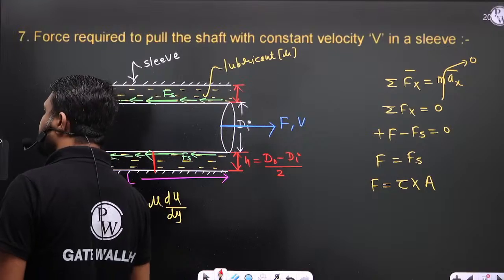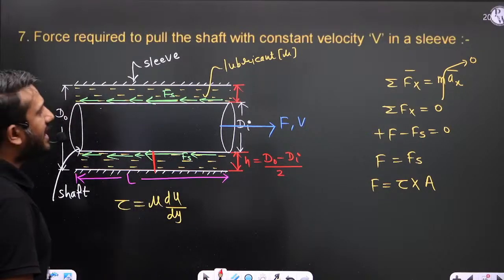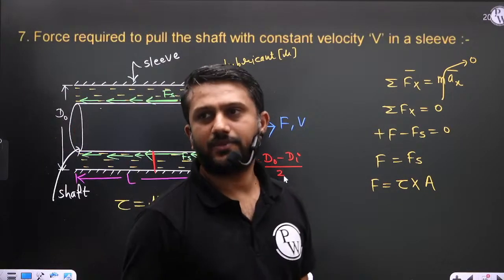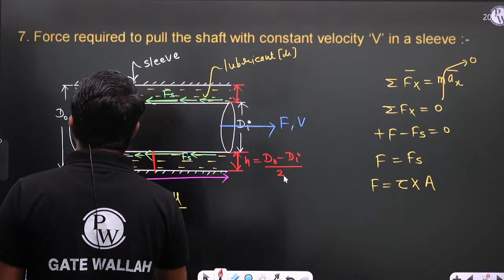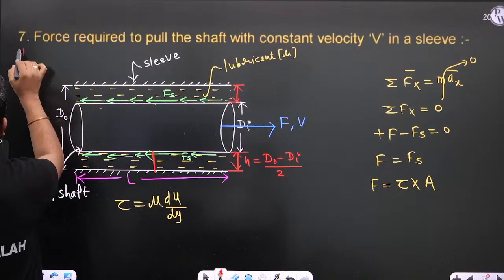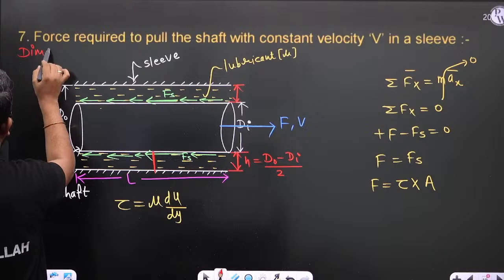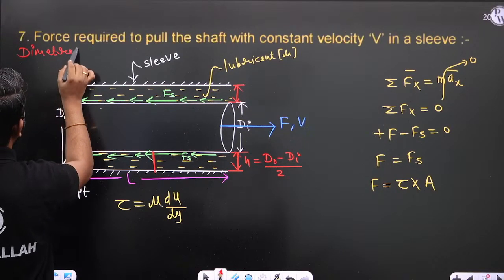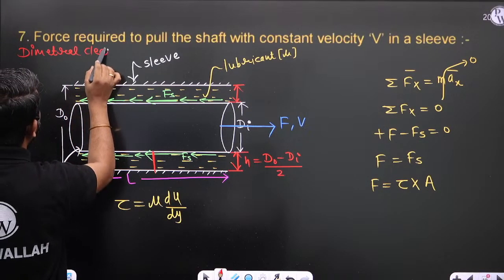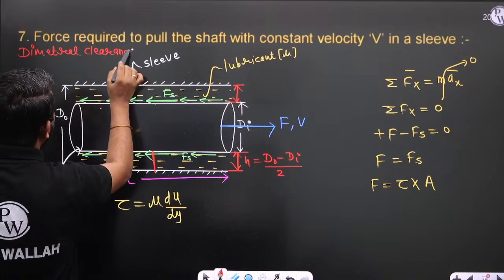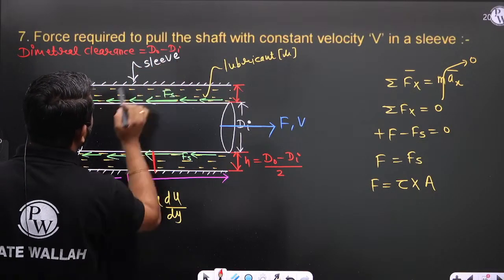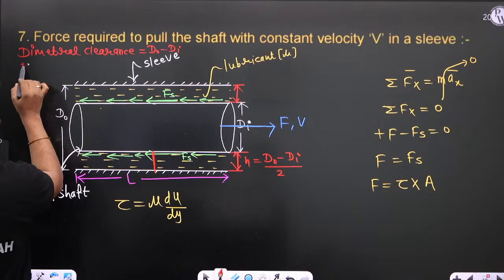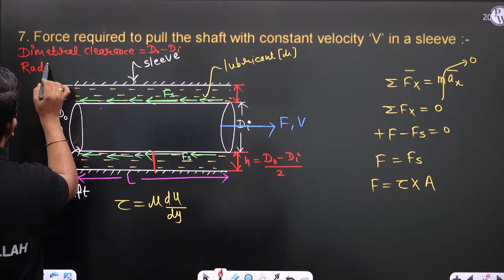There is a term, diametral clearance. What is the diametral clearance in this problem? That is d naught minus di.